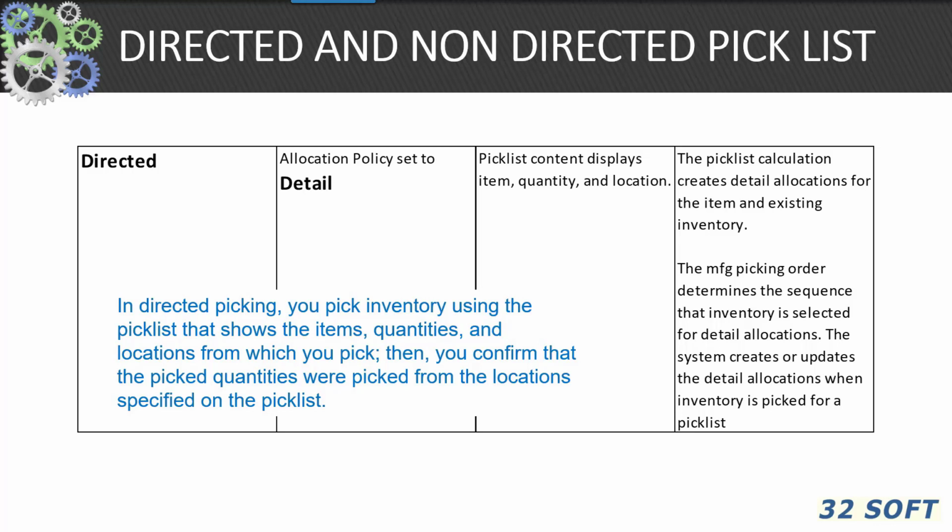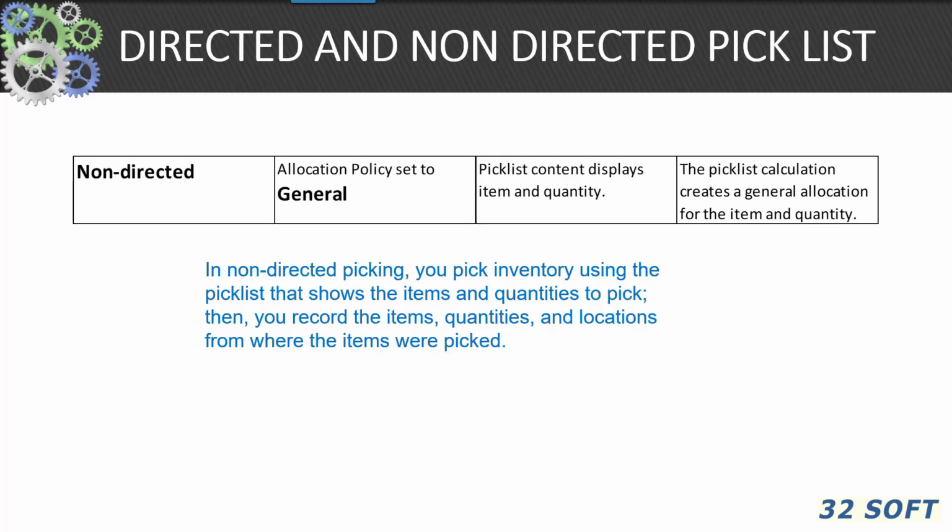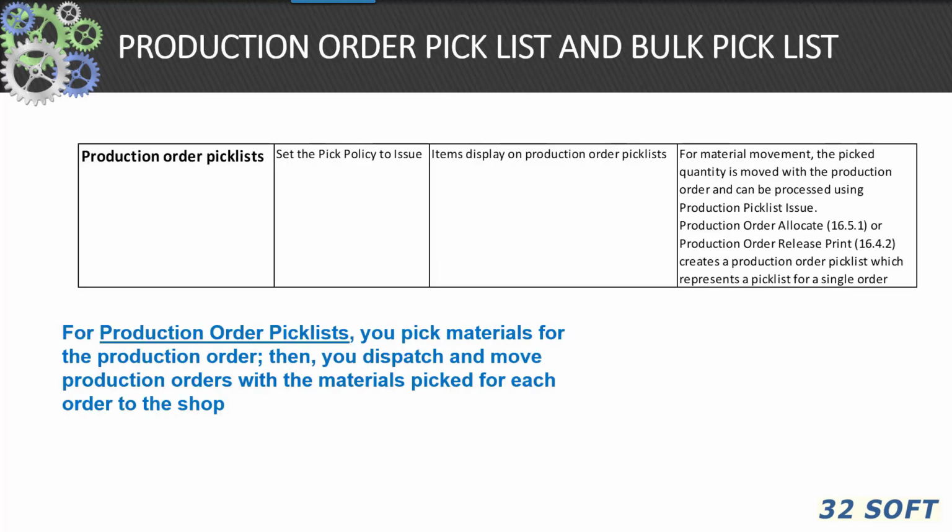You also have what are called directed and non-directed pick lists. In directed picking, you pick the inventory using the pick list that shows the item quantity and locations from which you pick. Then, you confirm that the pick quantities were picked from that location specified on the pick list. In a non-directed pick list, you pick the inventory using a pick list that shows the item quantities, and then you record which item quantity, locations, and serial numbers, etc. you picked.